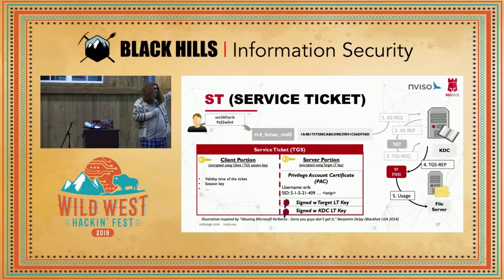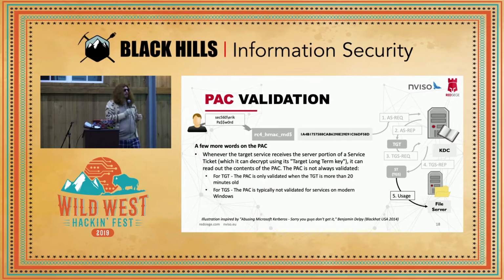The first key is going to be that remote system's long-term key, so the password hash of that target service. The other signature is based on the password hash for that KRBTGT account. So when that target system gets the PAC, what it does is it then validates the long-term key. It knows its own password hash, which means it can check the signature of the PAC and say, cool, this PAC looks good.